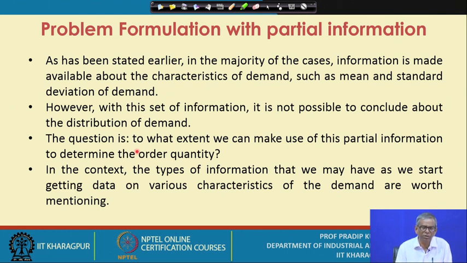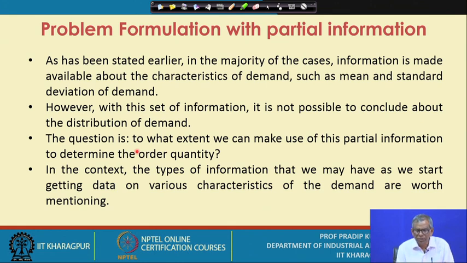Like I might tell you what is the mean demand, or what is the standard deviation of the demand, what could be the possible range, the maximum value, the minimum value. Many such information you may have related to the demand.